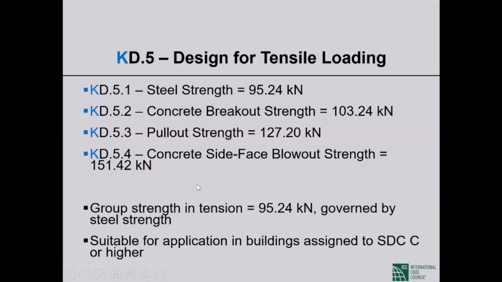So the group strength in tension is the smallest of the 4, which is 95.24 kilonewtons, and it is governed by steel strength. So this group of anchors is suitable for application in buildings assigned to design category C or higher. Okay. Remember, design category C and higher, we cannot have concrete failure mode.